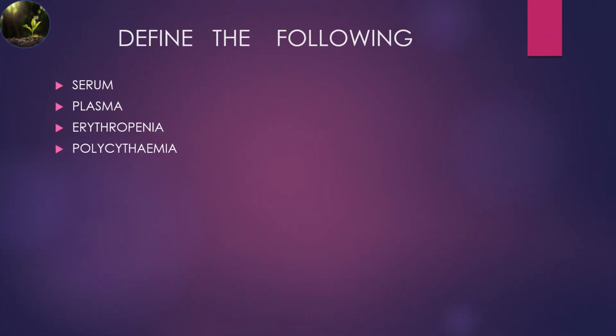Define the following. First one, serum. What is serum? The plasma from which the protein fibrinogen has been removed is called serum. The next one is plasma. What is plasma? Plasma is the liquid part of blood, the fluid content present in blood.